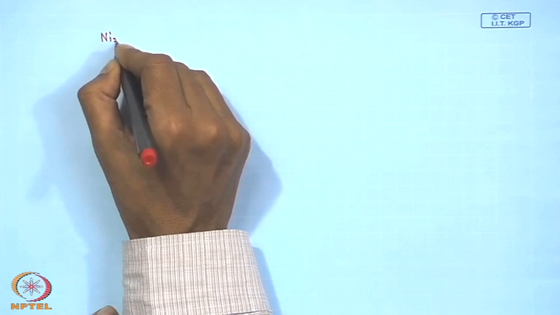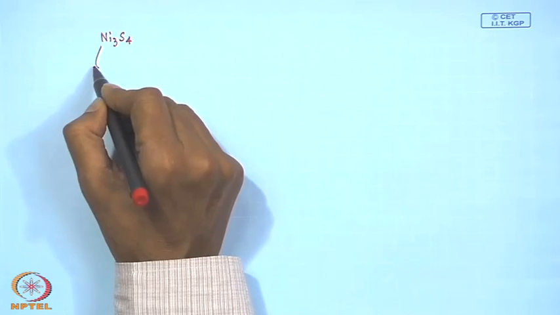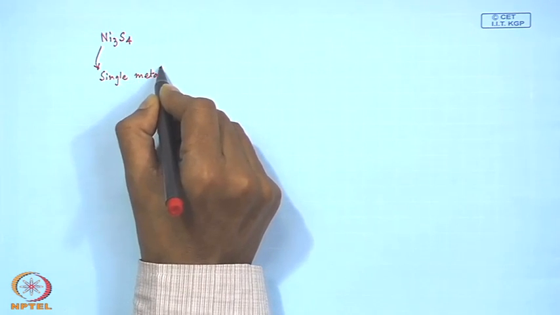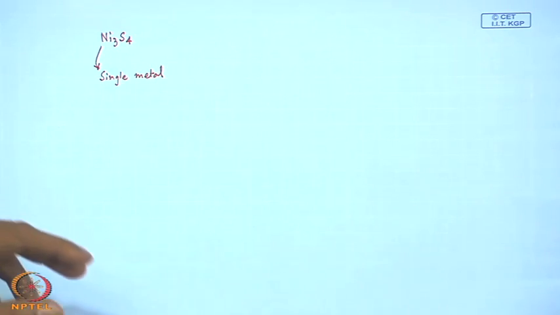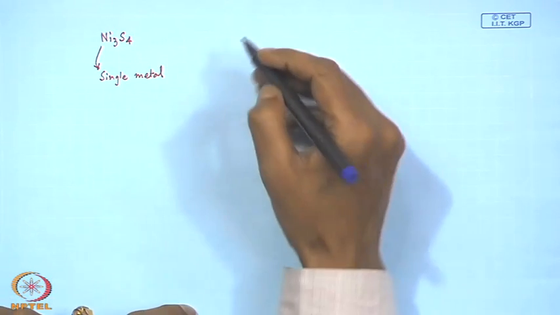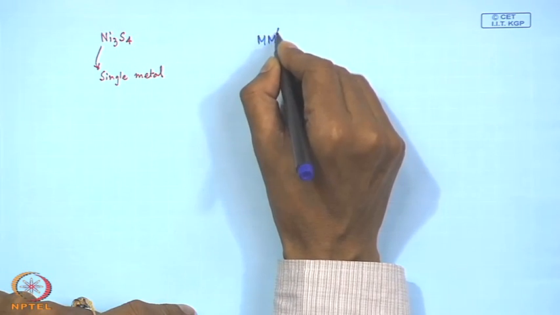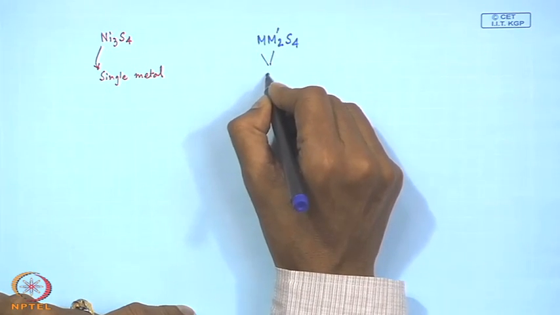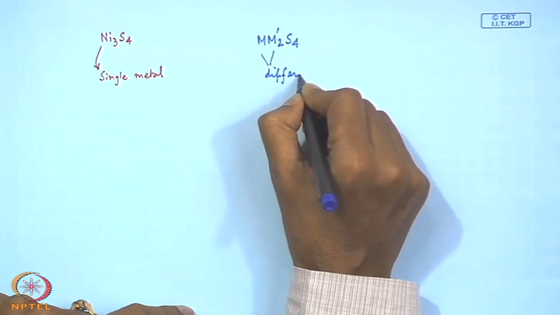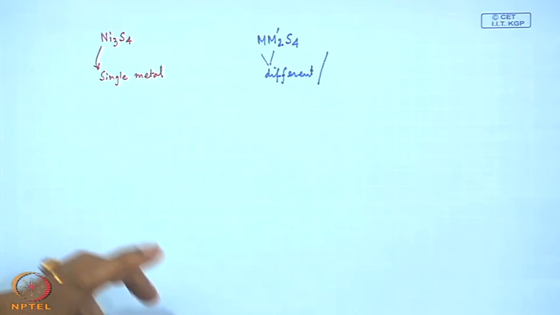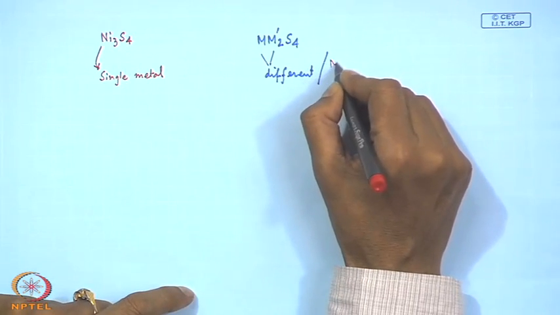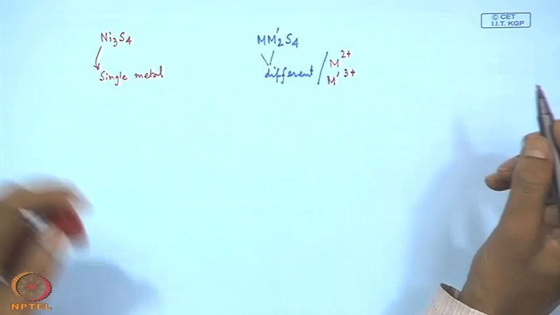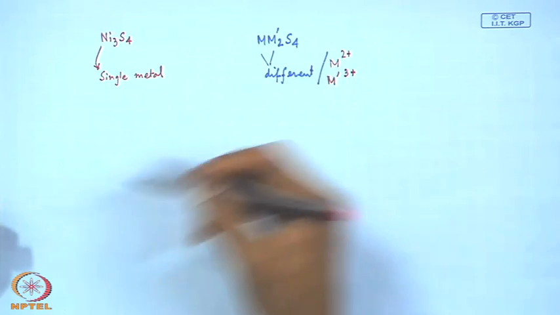In this particular case, apart from cobalt, the nickel one, Ni3S4, is an important sulfur spinel structure, because we now have a thiospinel with a single metal. What we have seen earlier is that in the case of the M M prime 2 S4 system, these are different metal ions, because we can have M as a bivalent metal ion and M prime as a trivalent metal ion, and this sort of spinel structure is mostly stabilized.